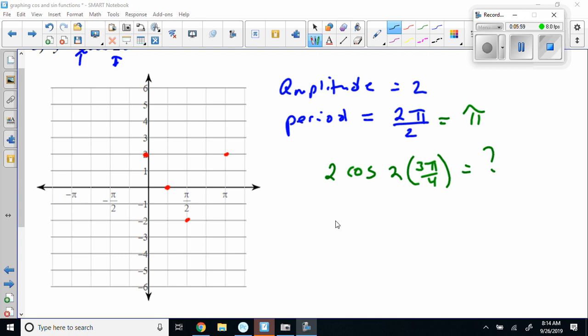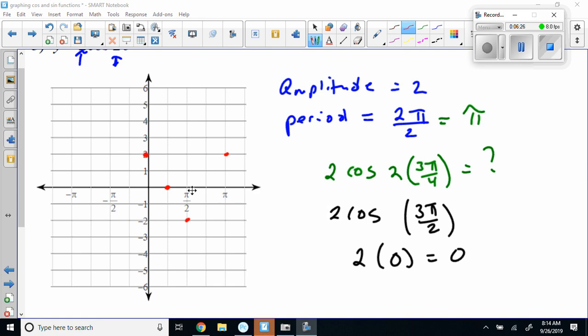That would be 2 times cosine of, what's 2 times 3? 6 pi over 4 is what? What's 6 pi over 4, guys? 3 pi over 2. Please tell me the cosine value of 3 pi over 2. Come on. What is it? 0. So this point ought to be what? 0. Right?